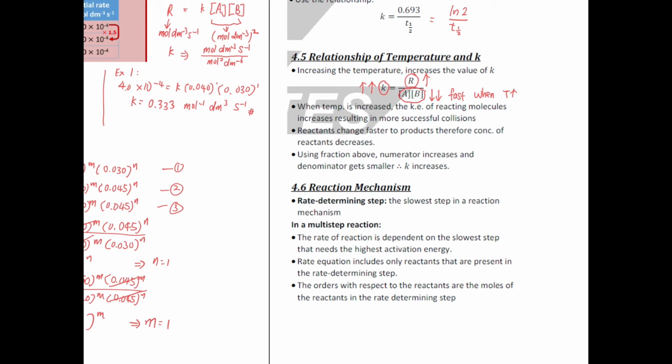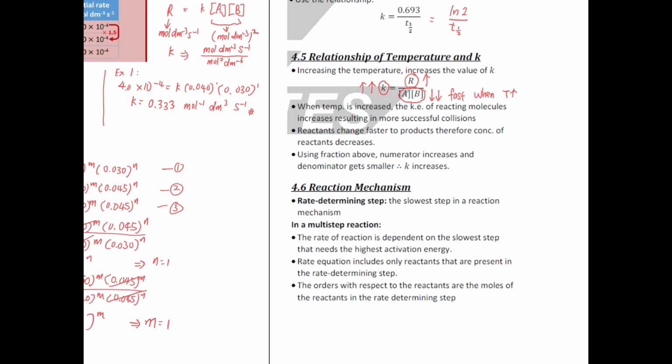Out of the steps, one of the steps is the slowest, and that step is called the rate determining step. Mechanisms have many steps, at least two. One of the steps will be slower than the others. The slowest one is known as the rate determining step.